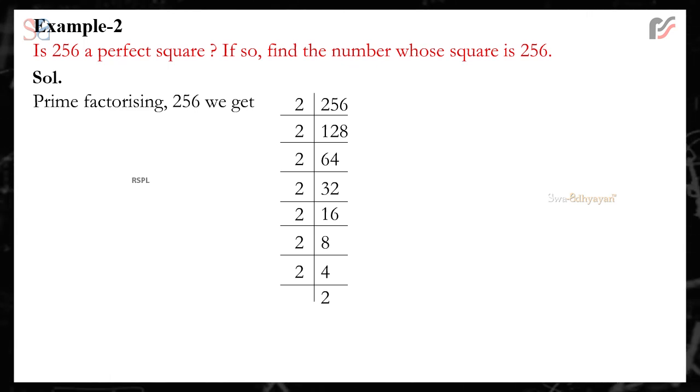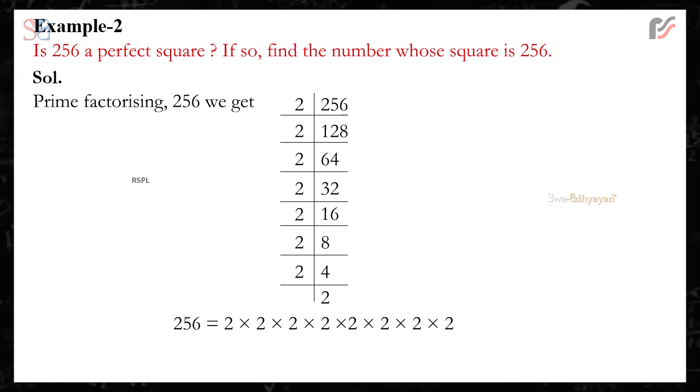Dividing 64 by 2, we get 32. Dividing 32 by 2, we get 16. Dividing 16 by 2, we get 8. Dividing 8 by 2, we get 4. Dividing 4 by 2, we get 2. 256 is equal to 2 into 2 into 2 into 2 into 2 into 2 into 2 into 2.